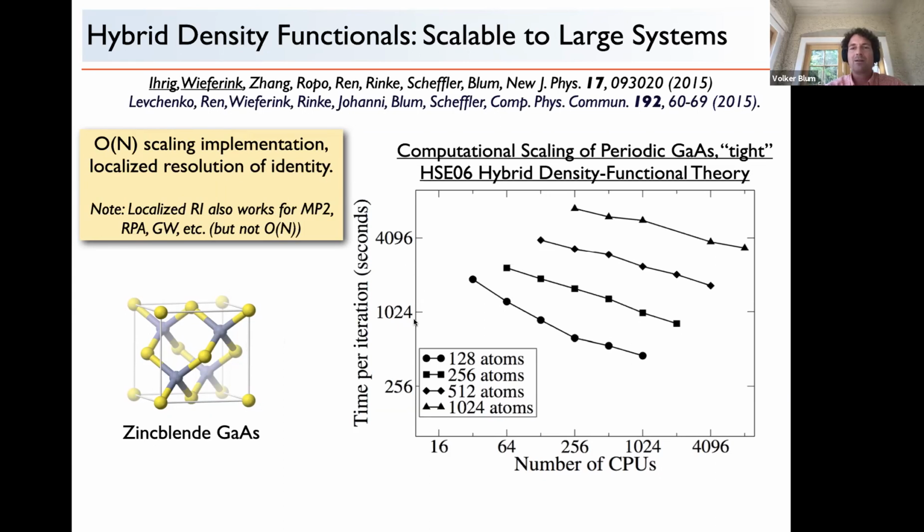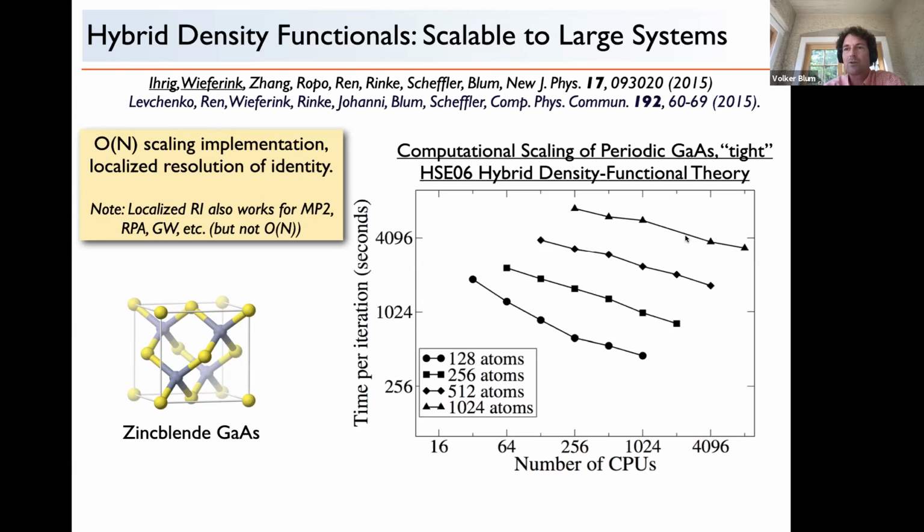But you can see that on a large computer at the time, even 1,024 atoms were actually quite feasible. So this is all electron and no tricks. So there's no use of symmetry to reduce the problem. This is really a calculation with all the electrons of gallium arsenide included. This is still slightly expensive. So at this point, I think we're probably a factor of 5 to 10 faster because of a lot of optimizations that went into the code recently.